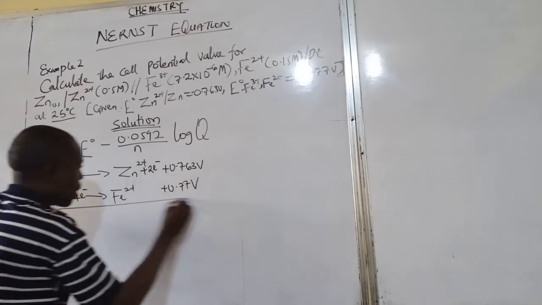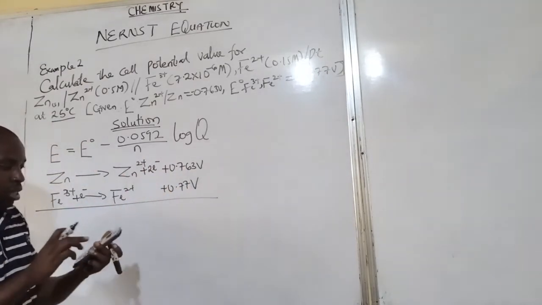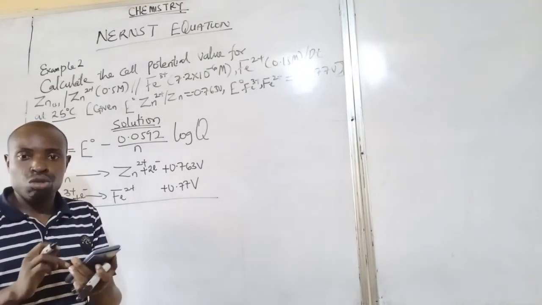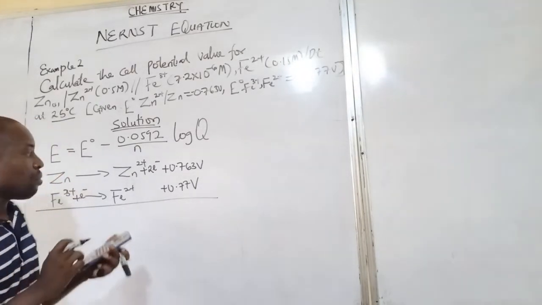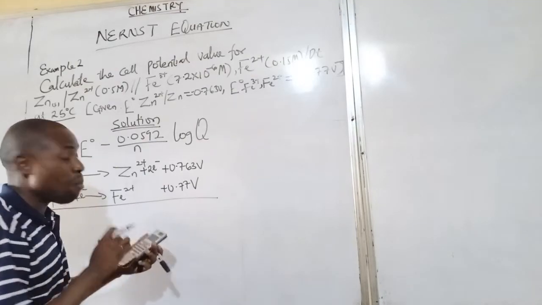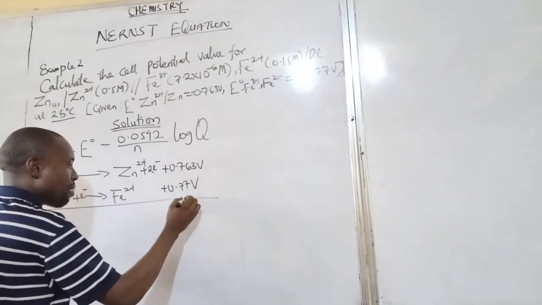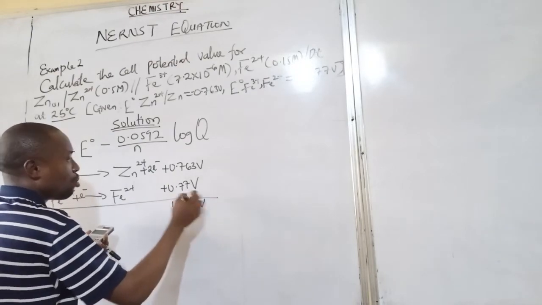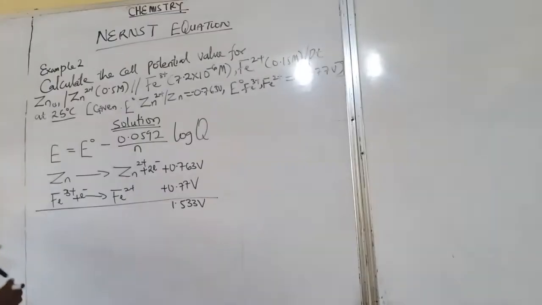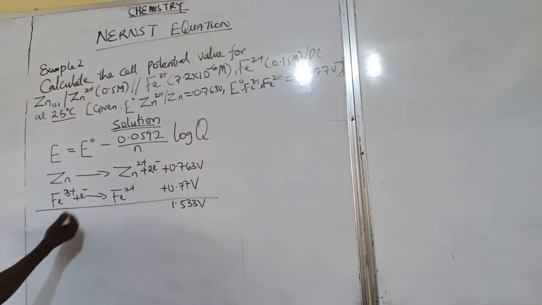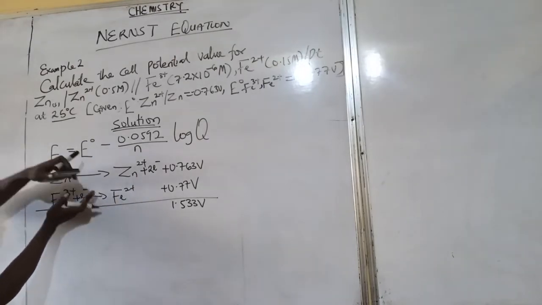Now, you just add them up, and what you should have is 1.533 volts. So here becomes 1.533 volts.